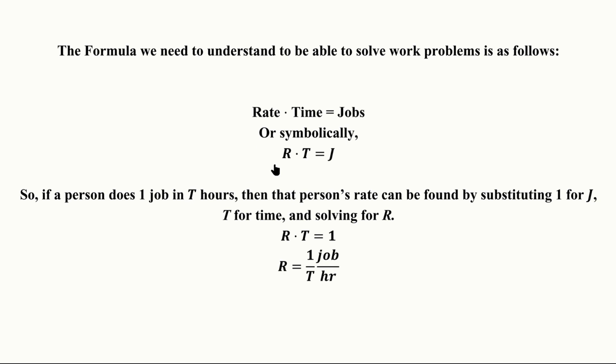And if there's more than one individual, sometimes we'll use subscripts like R1, T1, etc. So if a person does one job in T hours, then that person's rate can be found by substituting 1 for the J, the number of jobs, T for time, and solving for R. So we get R equals 1 over T jobs per hour. Usually the T is known, so it will work out for us once you see some examples.